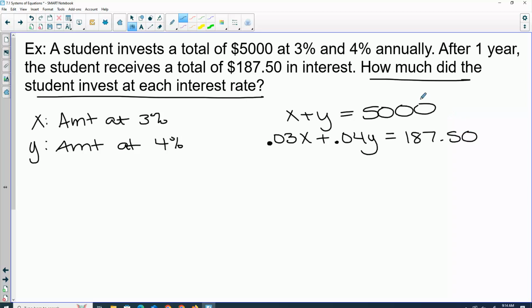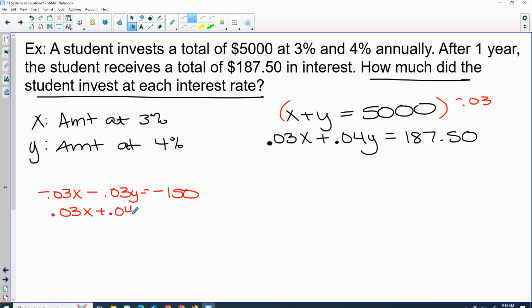Okay, now you could do substitution or elimination. So maybe I want to eliminate x. Take this times negative 0.03. The x's cancel.